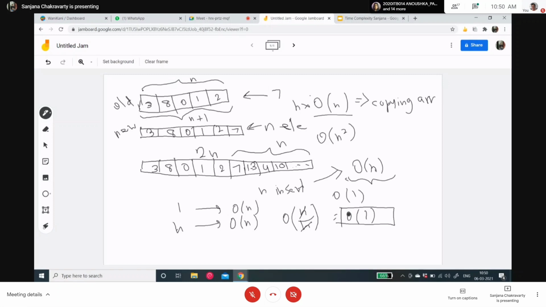I am anticipating the future that I might want to make more insertions later on. And in such a situation, it would be more economical for me to make the array of a larger size. And so I'm getting O of 1 complexity for insertions, when in actuality, that is not the actual case. O of 1 is not the case when you're making one insertion. And that's what makes amortized time complexity so interesting.